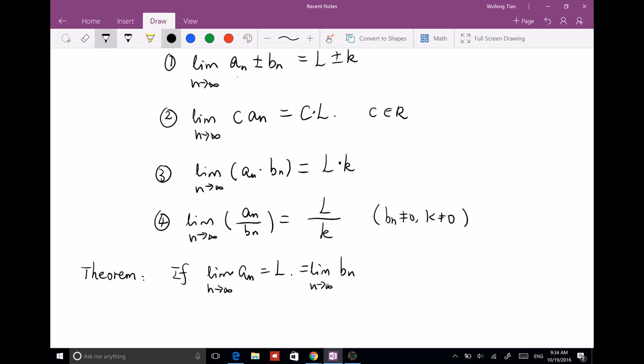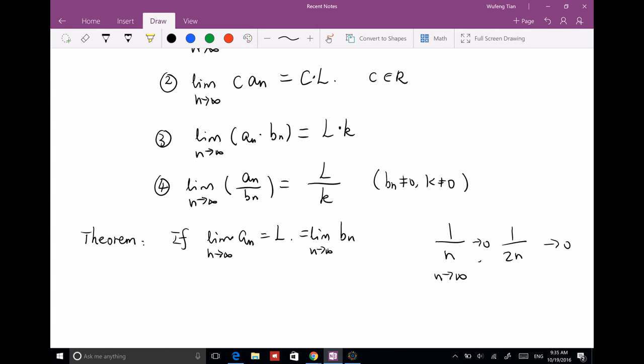So an converges to L, bn converges to L. For example, 1 over n and 1 over 2n. Both converge to 0. That makes sense, right? an and bn both converge to the same point.